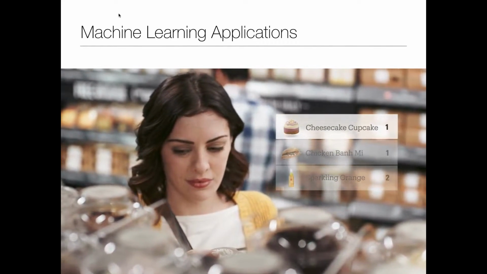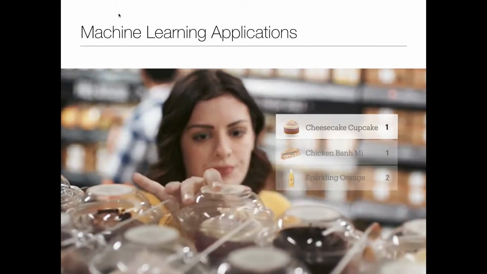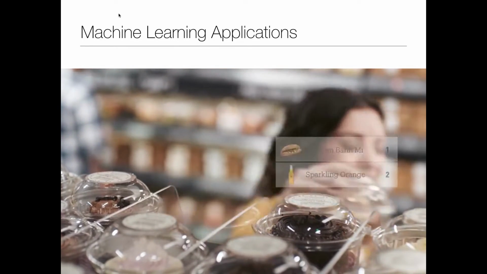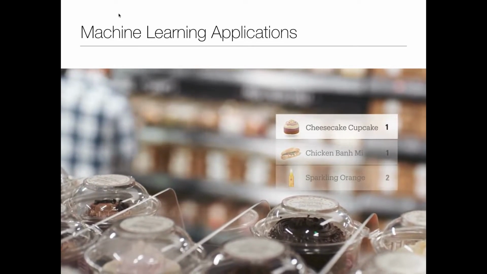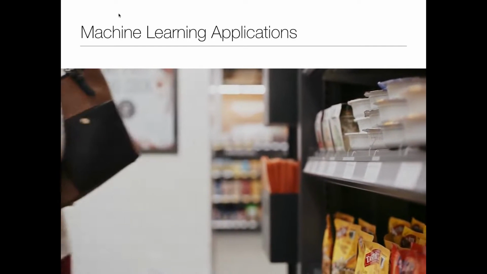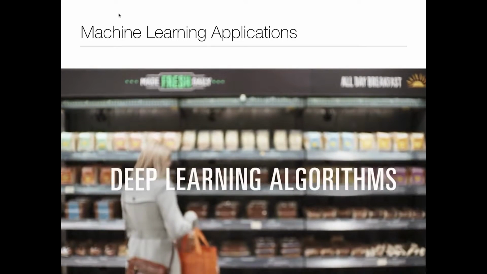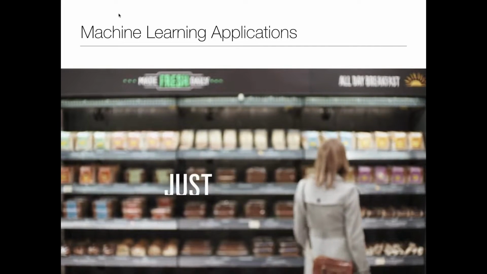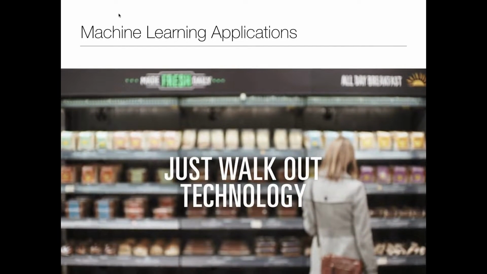If you change your mind about that cupcake, just put it back. Our technology will update your virtual cart automatically. So, how does it work? We use computer vision, deep learning algorithms, and sensor fusion, much like we find in self-driving cars. We call it Just Walk Out technology.